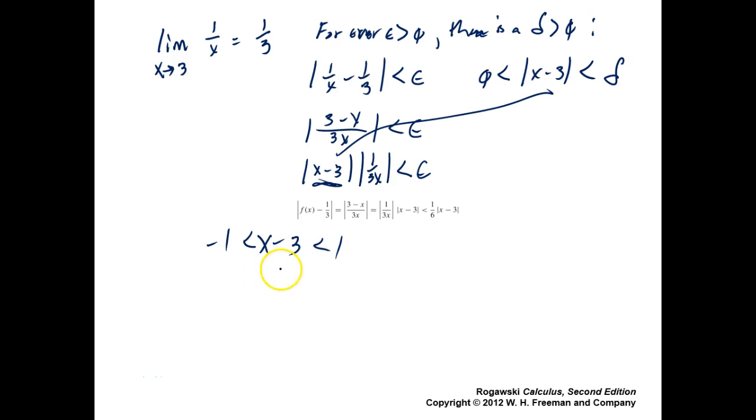Again, let's do the little trick of adding 3 to all 3 sides, and that would be 2 is less than x is less than 4. So you're guaranteed that thing to be less than 1 anytime x is between 2 and 4. That's pretty obvious. So you can get your epsilon small enough if your delta is less than 1. That's doable.